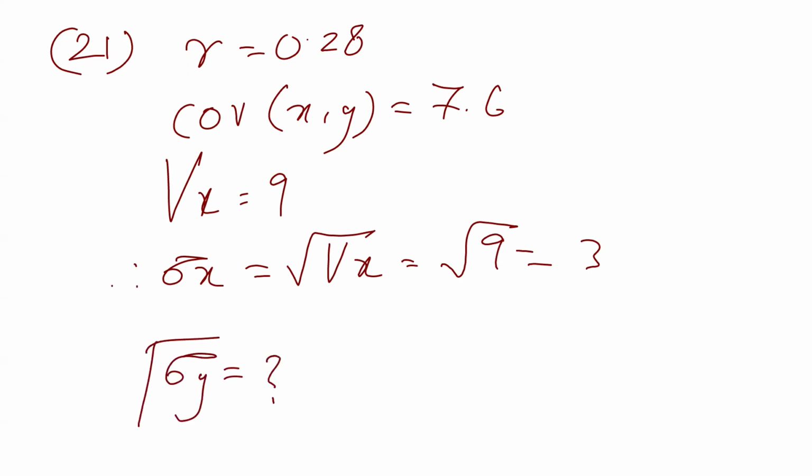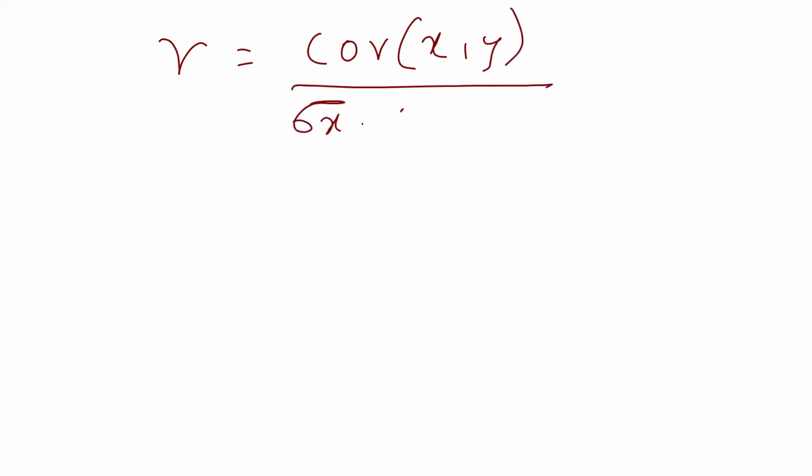Now, this problem basically is from the first year of ISC syllabus. What we'll do is we'll use this formula. R is equal to COV of xy upon standard deviation of x, standard deviation of y. R is 0.28, which is 28 upon 100. Covariance is 7.6.